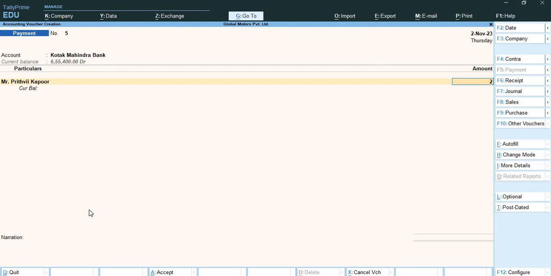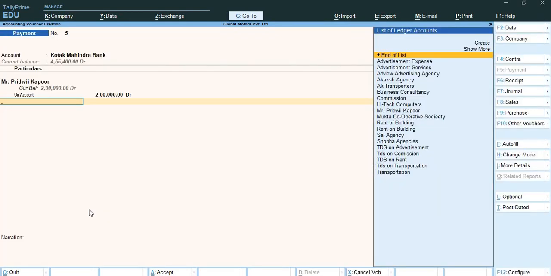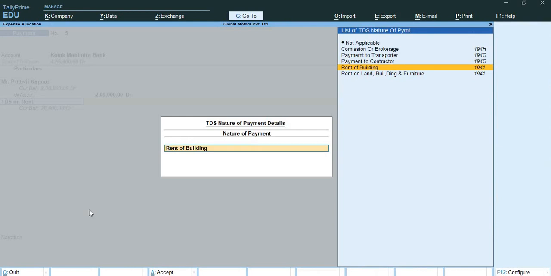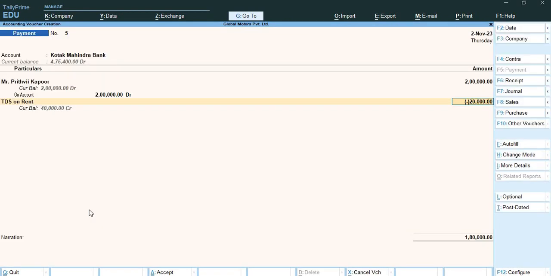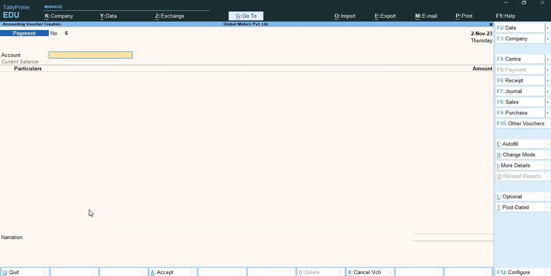How much are we paying? 2 lakh. Here I'll add a ledger, TDS duty on rent. So how much will it deduct? 20,000. Alright, so this way this entry is done and the cheque number is 00006, on 2nd November. So this entry is done.